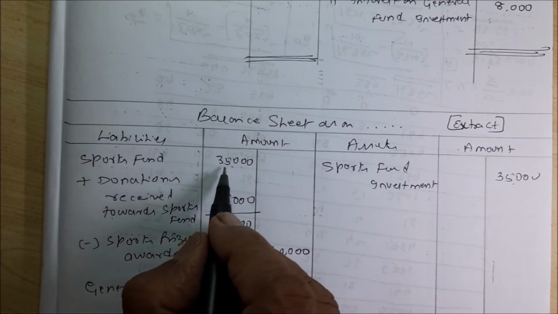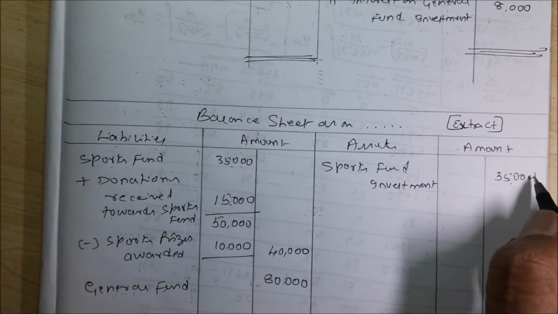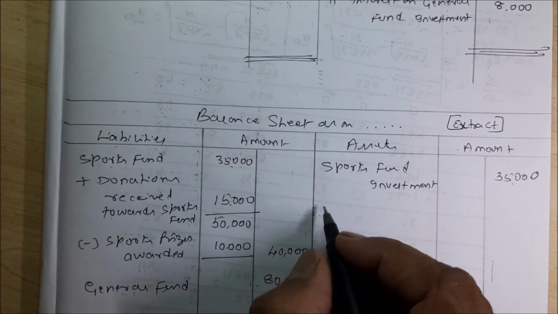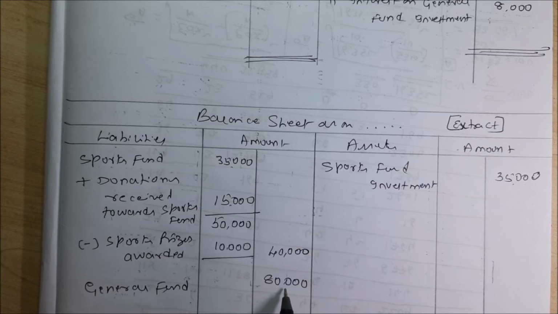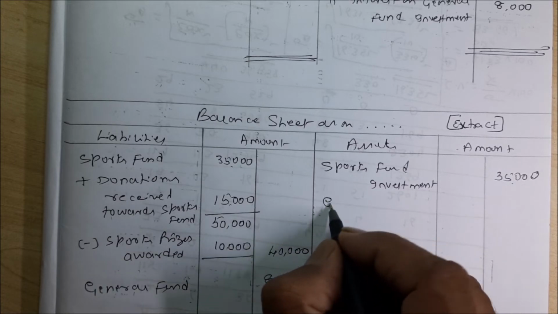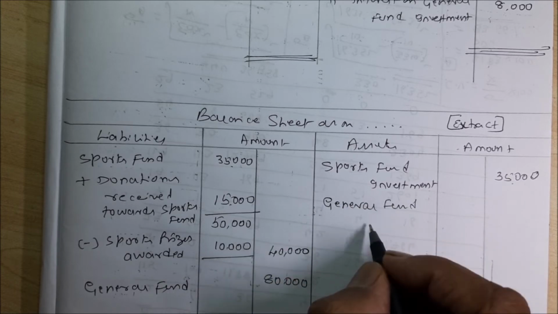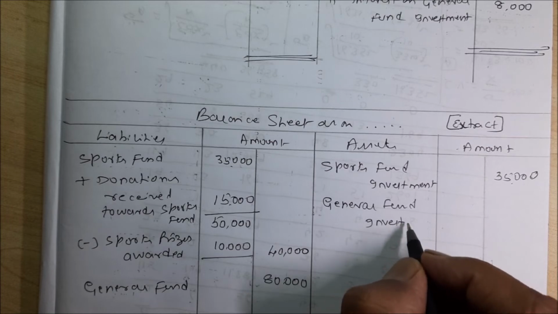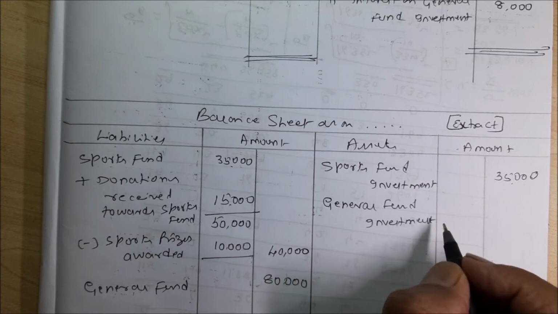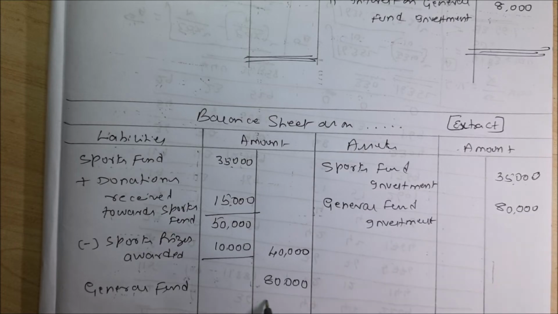That means whatever fund you have received, that has been invested somewhere else, right? Then the general fund you have received 80,000, that has been already invested, that is called general fund investment. General fund investment 80,000. Students, no need to total it up.